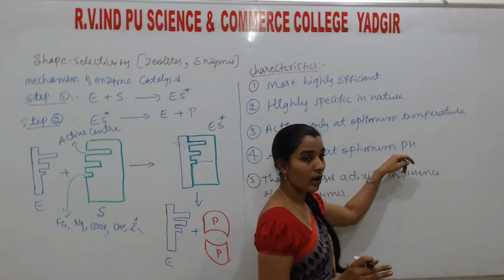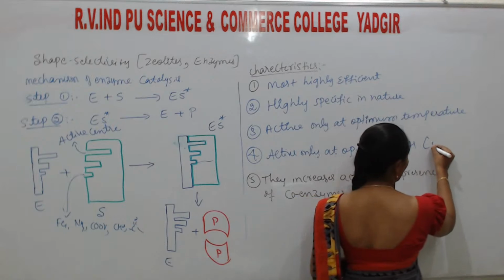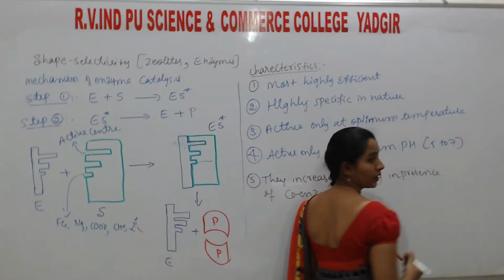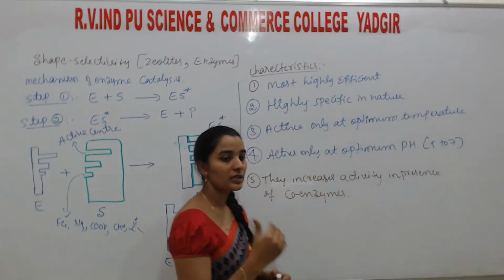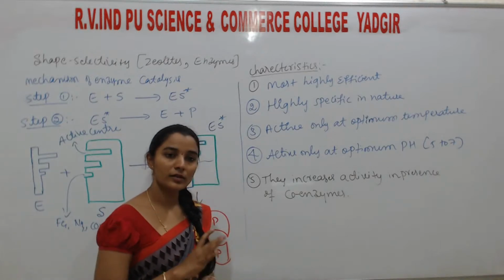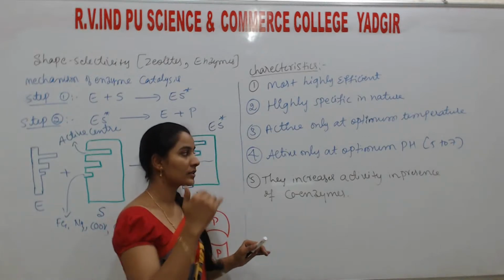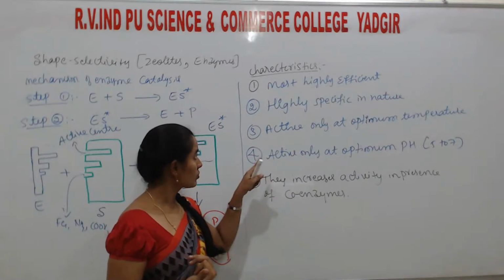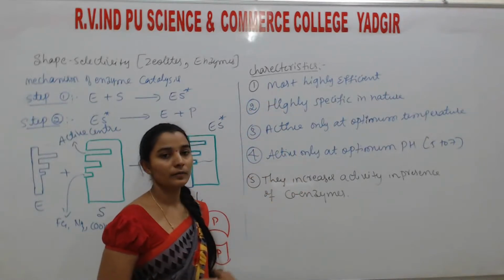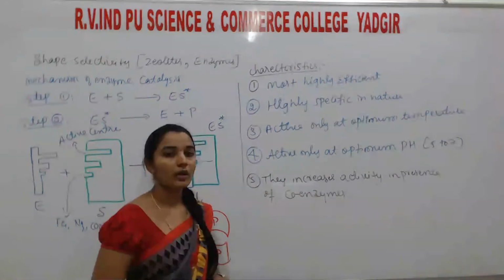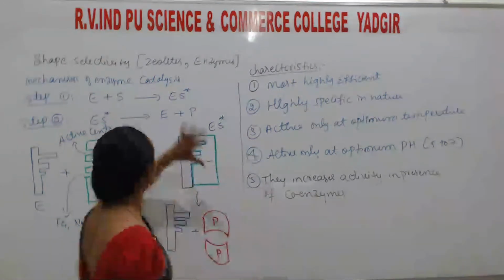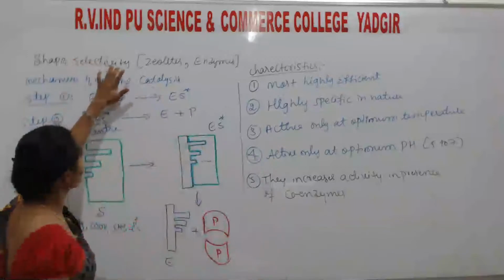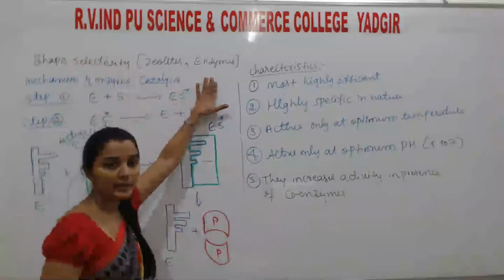Next, the optimum pH is 5 to 7. If the pH is below 5, acidic, they won't react. If it is greater than 7, basic, they also won't react. So they are highly specific in their activity.